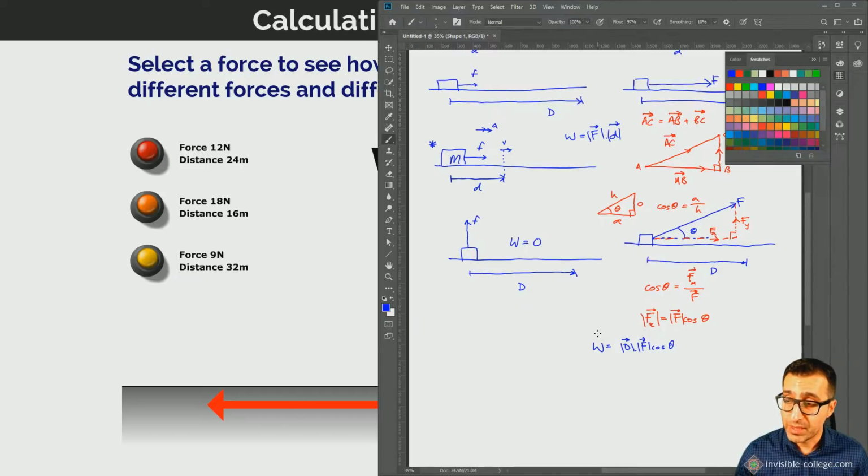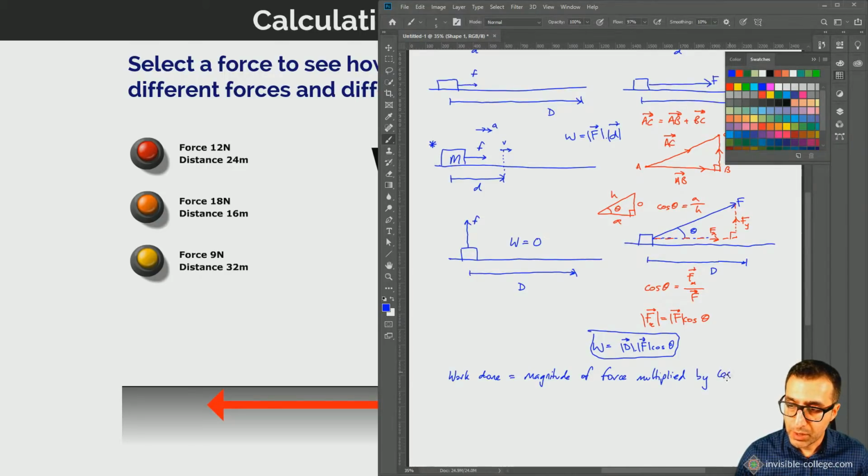Well, what we've found here in this equation is that the work done is equal to the magnitude of the force multiplied by the cosine of the angle between the force and displacement.